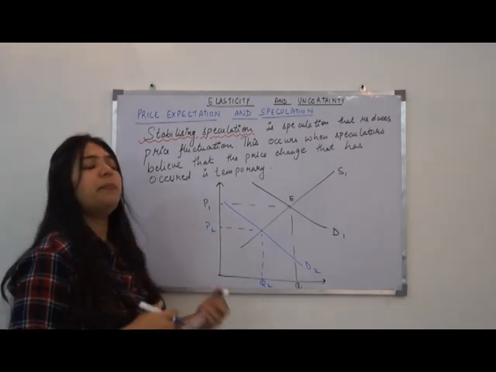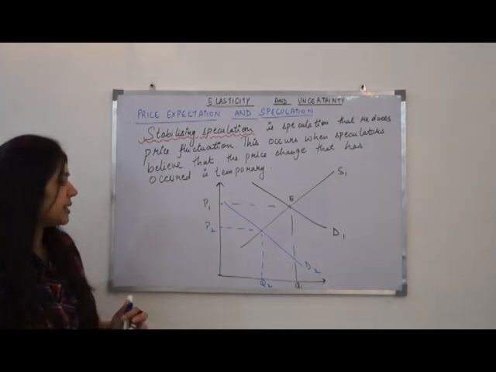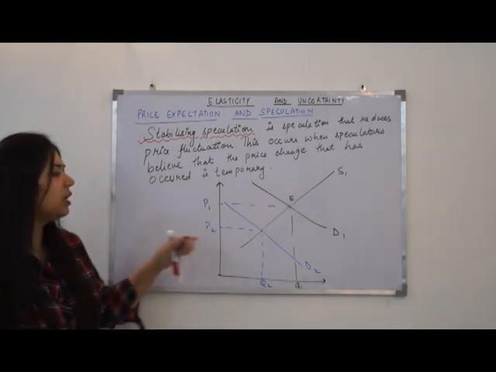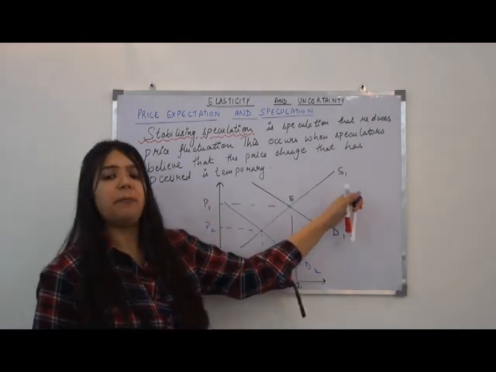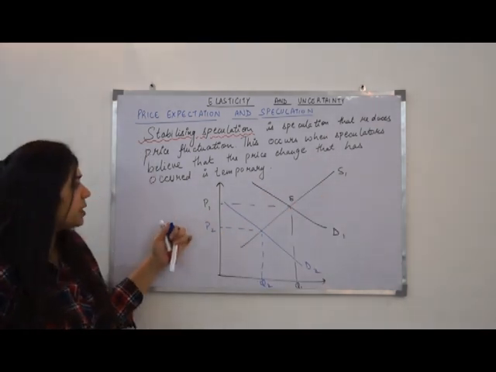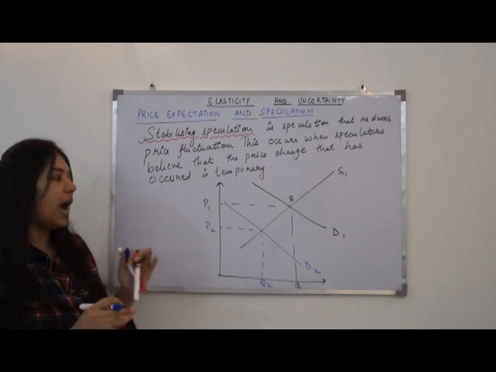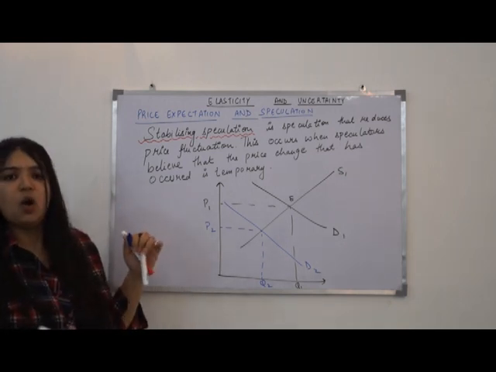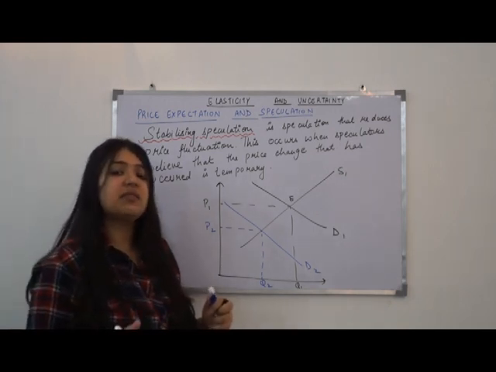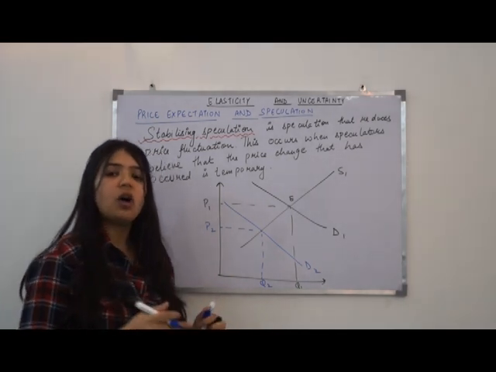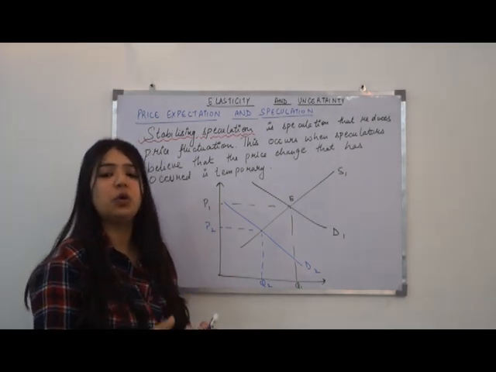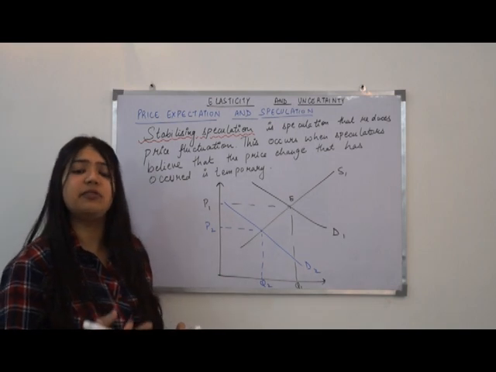Now, in the presence of speculation, since there is a drop in the price, if the suppliers think that this drop in the price is temporary and it will come back up, the suppliers will cut their supply because they expect an increase in prices in the future.